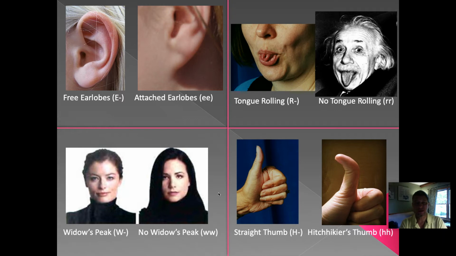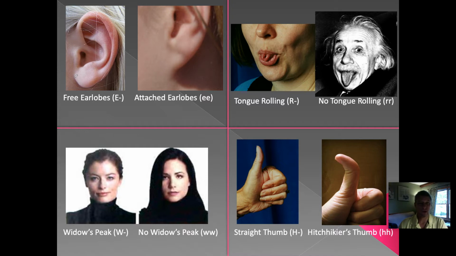Now, this is a slide that illustrates some of the traits that were on the list in the previous slide. In the upper left-hand corner, you can see that we've got a free earlobe. See how it hangs down below? That's a free earlobe, and that is a dominant trait.